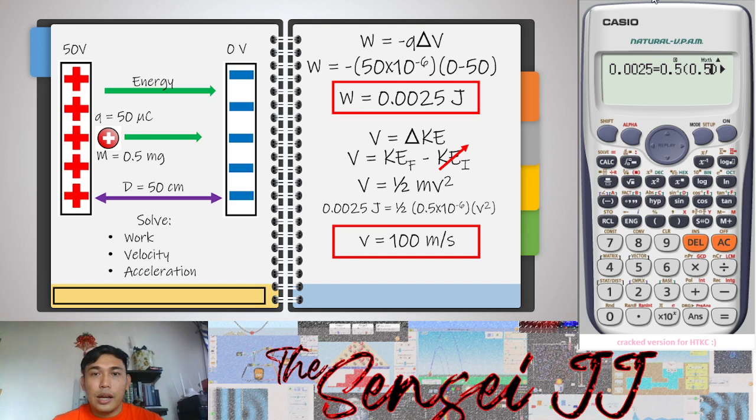If it is milli, what we need is kilogram, so it is times 10 raised to negative 6, multiplied by v squared, our unknown squared. Okay, shift solve, we will have an answer of 100 meters per second.